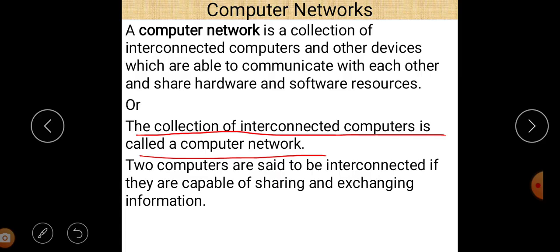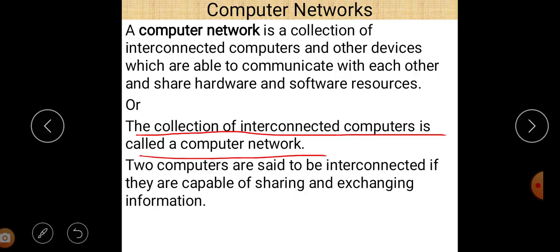When you send a command through any computer, that printer can receive it if there is a proper computer network, and that gives you a printout. Otherwise you would require a printer for each and every computer, and that increases your cost. So the basic purpose of the computer network is resource sharing.